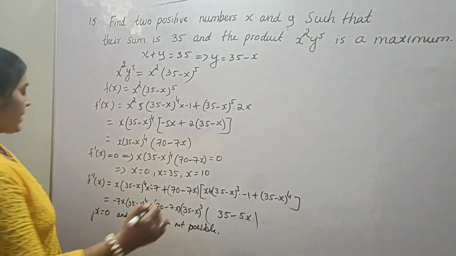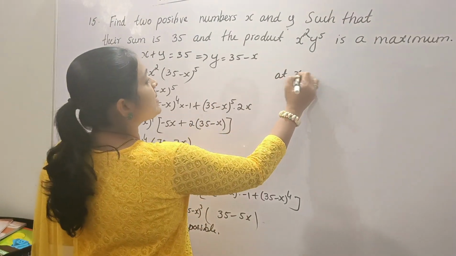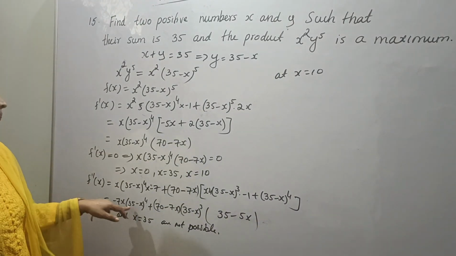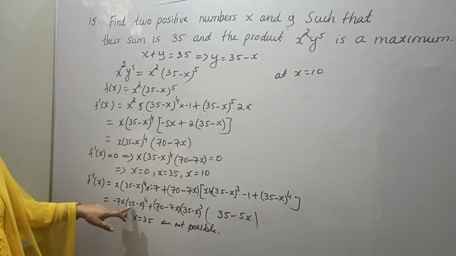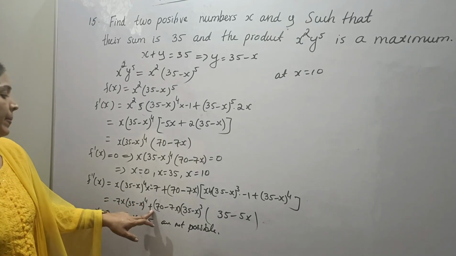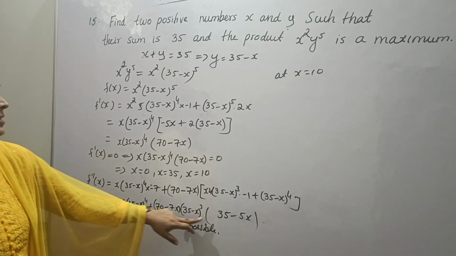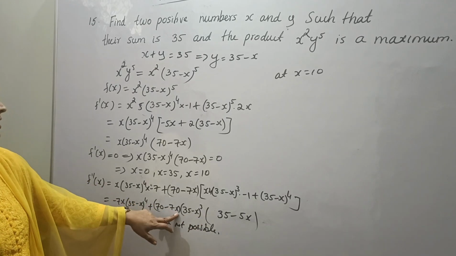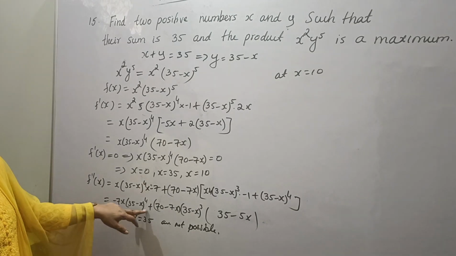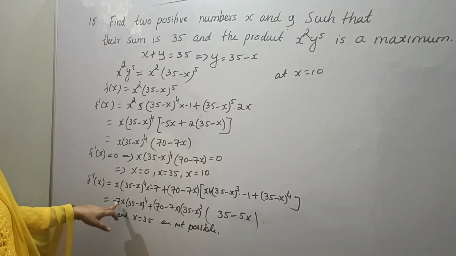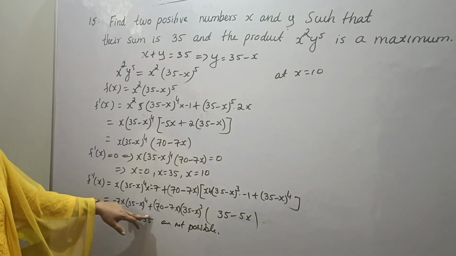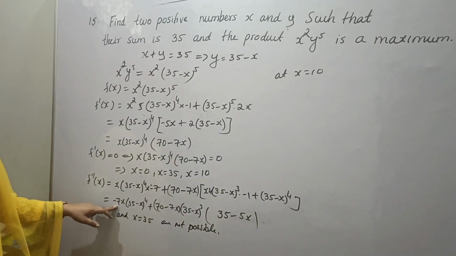Next, at x is equal to 10, 35 minus 10, that is 25, whole raised to 4, and the second term will be 0 when we substitute x is equal to 10. The first term will be minus 7 into 10, then 35 minus 10, that is 25. So this first term will be minus.